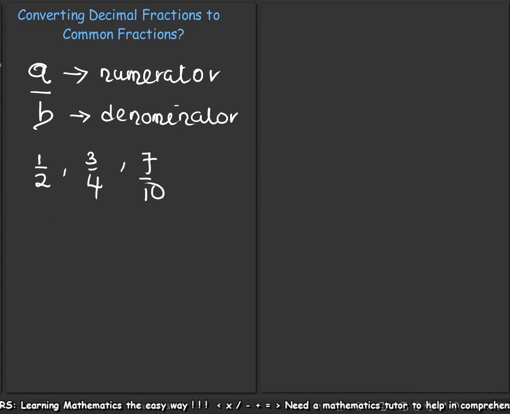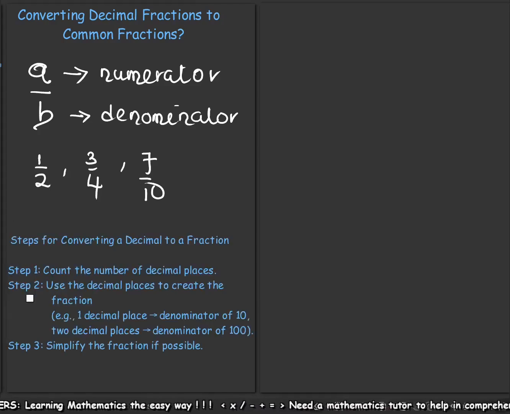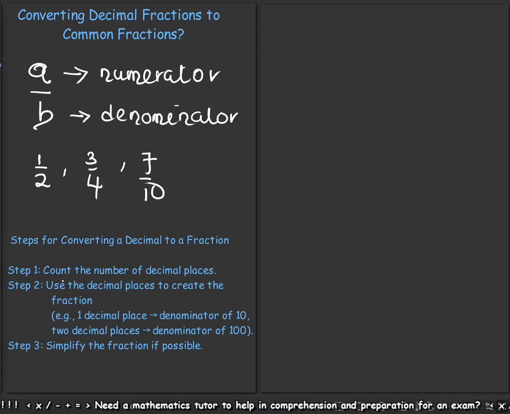If we want to convert decimals into common fractions, this is what we do. We first count the number of decimal places, meaning the number of digits after the decimal point. Then you use the decimal places to create a fraction. If you have just one decimal place, it should be over 10.